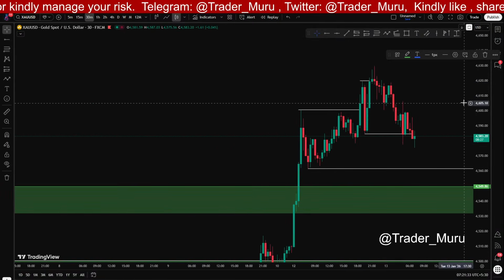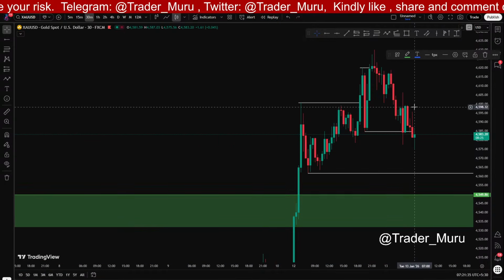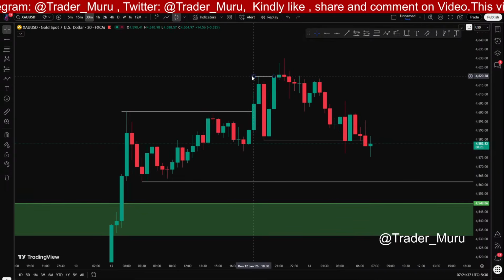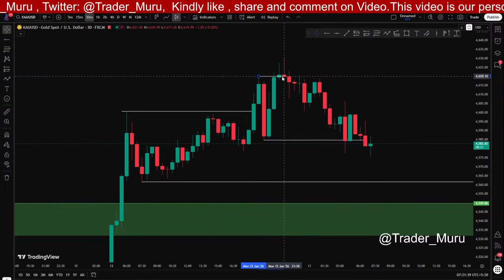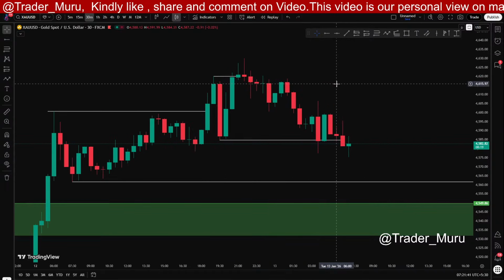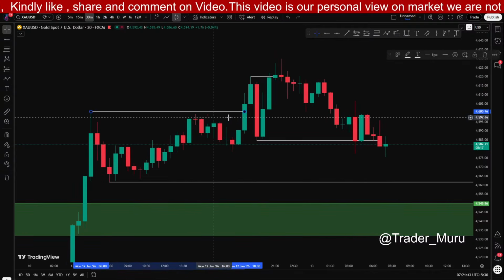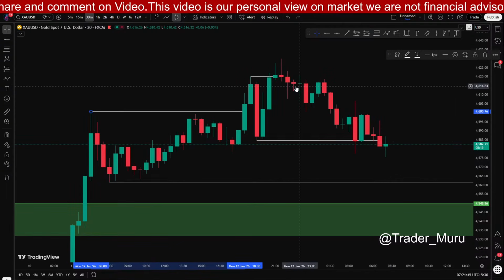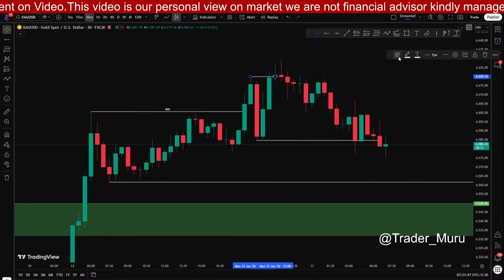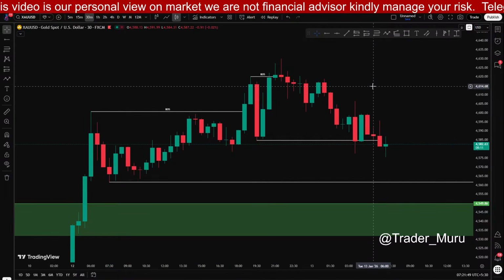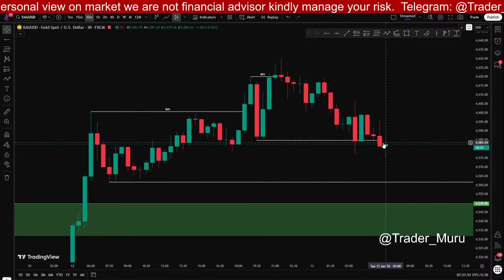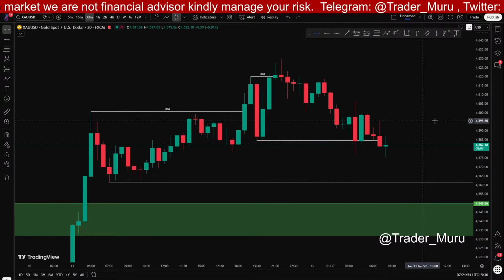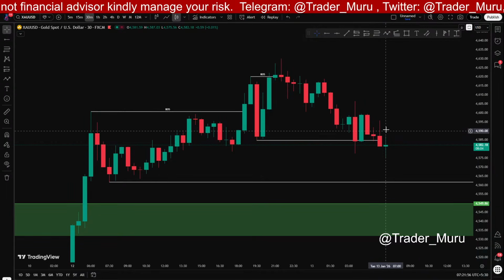Now let's see 30-minute. In the 30-minute time frame, this is a clear breakout structure. See, 1 candle closing above. We need 2 candle closing here, then it is a resistance zone for gold and again drop.